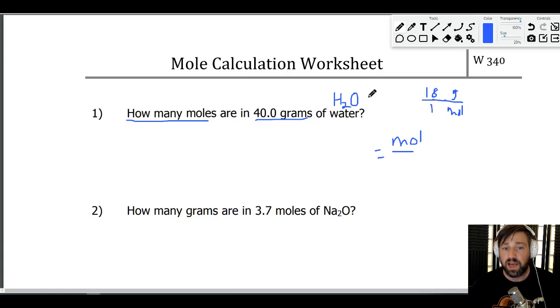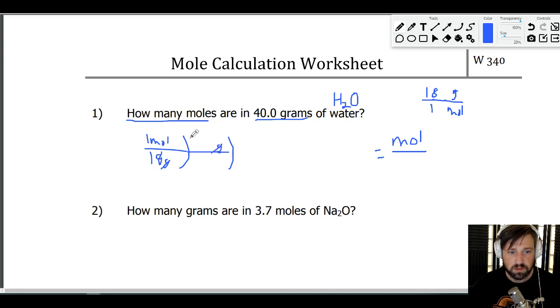All right. Now do you kind of see what's going to be happening here? I have moles that I'm going to be wanting to get to. Which one of these things has moles? This guy. I'm gonna have to flip it. So 1 mole over 18 grams. And to get rid of the grams, I'm going to use this 40.0 grams.